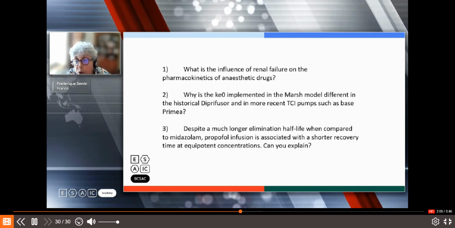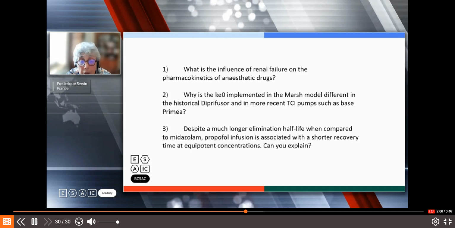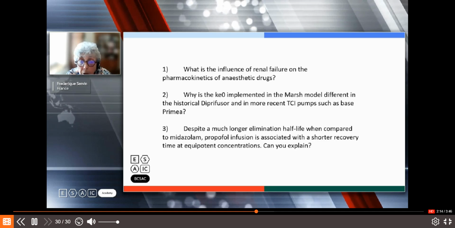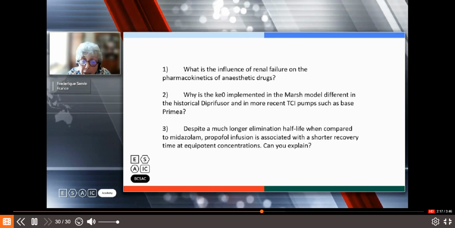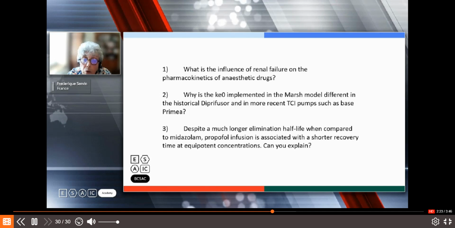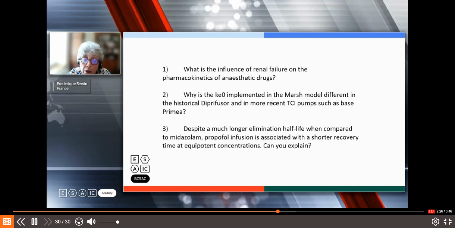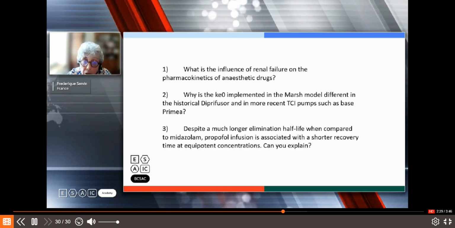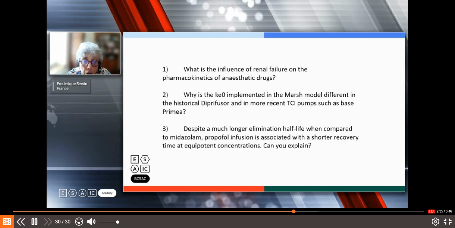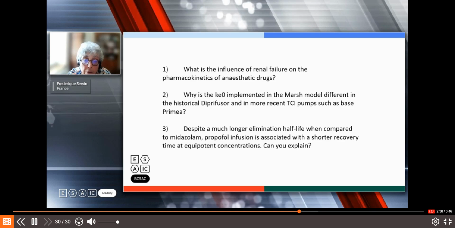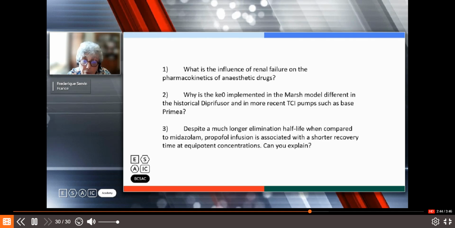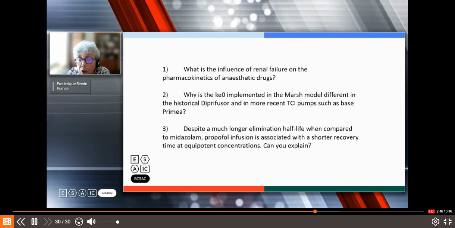And this proved to be wrong, actually. When Thomas Schnider published his paper as a PK/PD model, he found a different ke0, which is much more in accordance with time to peak and with the actual time course of action of the drug. So to implement the Marsh model in TCI pumps allowing effect site target, they had to modify the Marsh model.